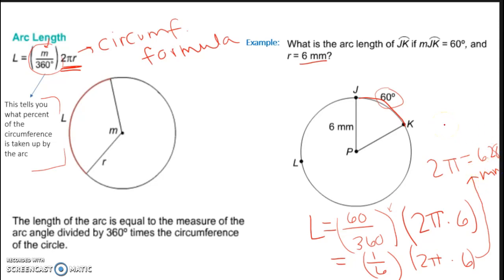So again, if you put that in your calculator, it'll just spit that all back out for you. But that is how we would find the arc length if we're given the arc measure. We use this formula right here, so make sure you write this down, commit it to memory, have it around so you can use it. The arc length is equal to the measure of the arc angle divided by 360 and times the circumference of the entire circle.